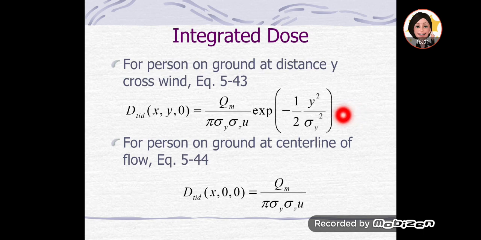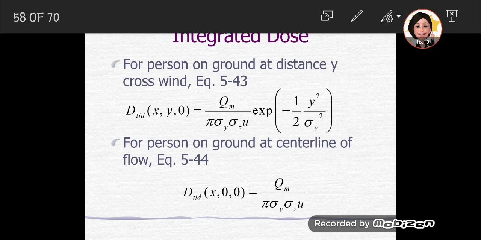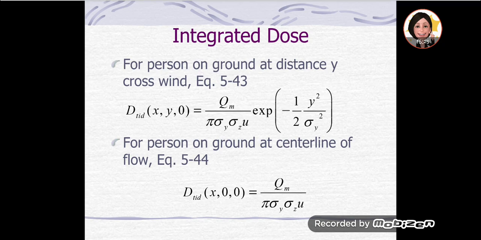For a person on the ground at distance y cross v, we use this equation. And for a person on the ground at the center line of the flow, only the first equation matters.